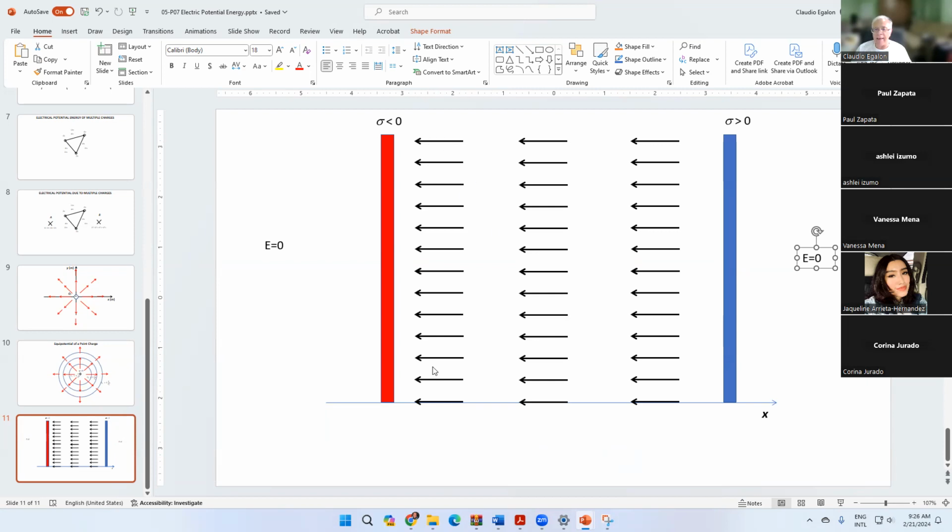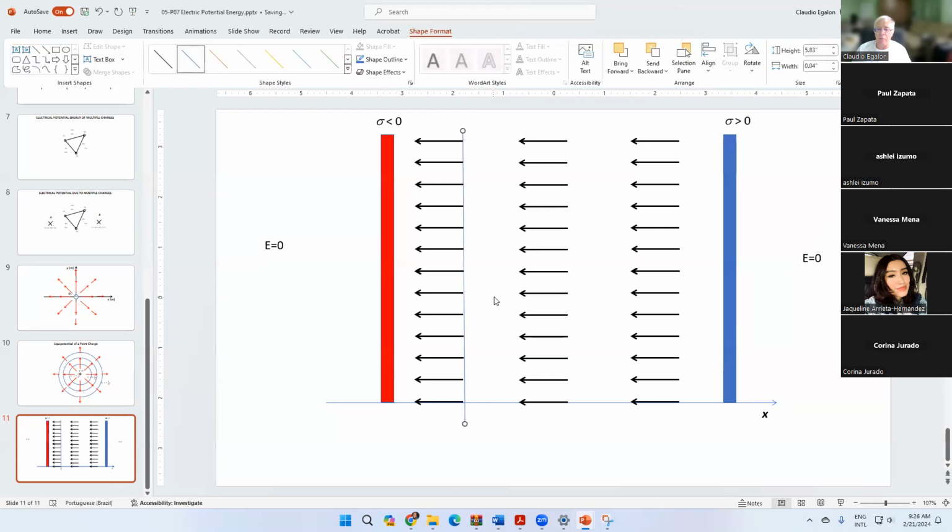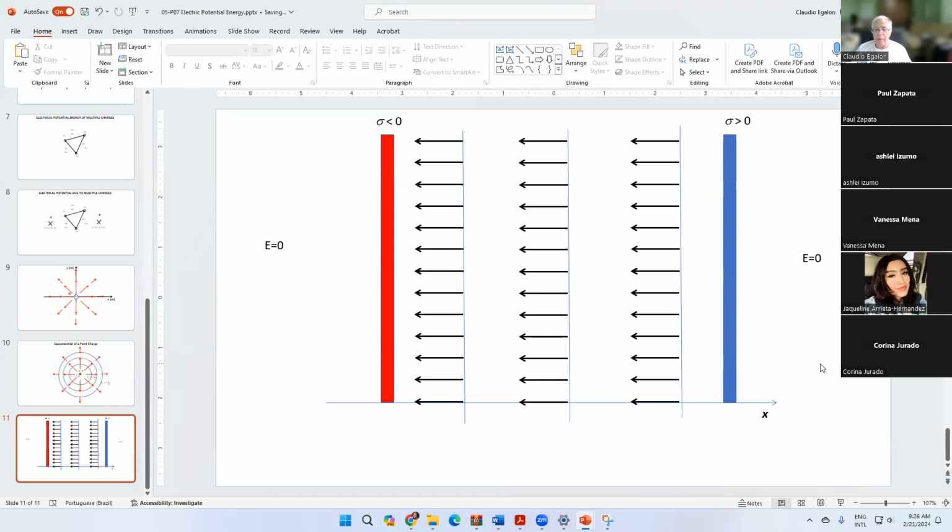If we have an electric field just like that, it means that my electric potential surfaces are going to be planar surfaces as well. One planar surface here at a given electric potential, another planar surface here at another electric potential, and another electric potential surface right here.